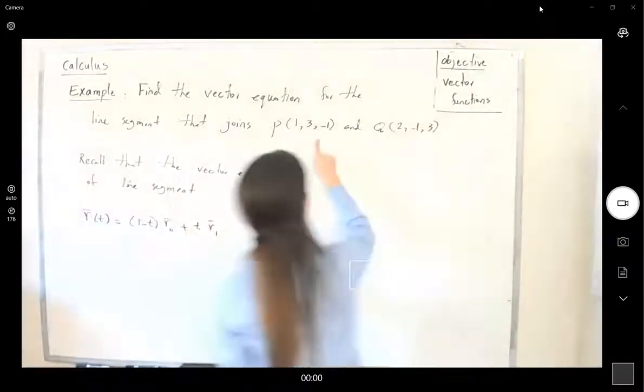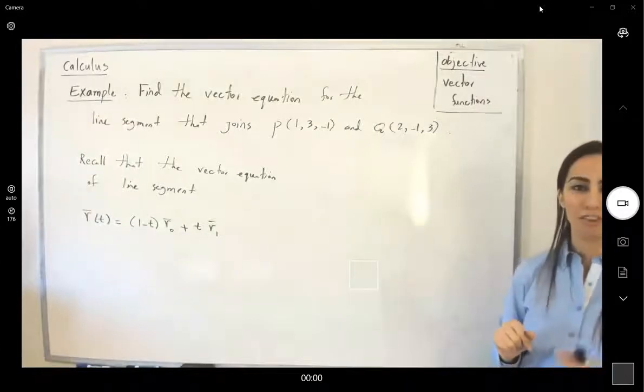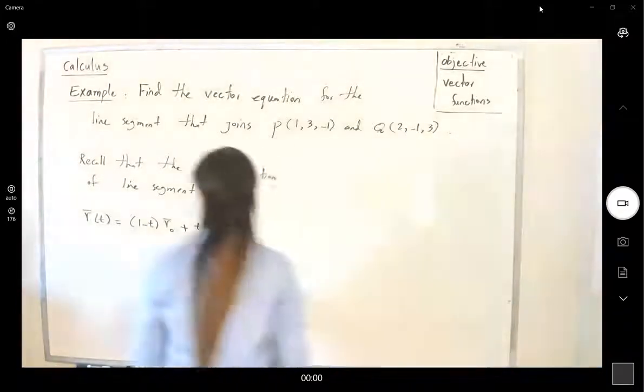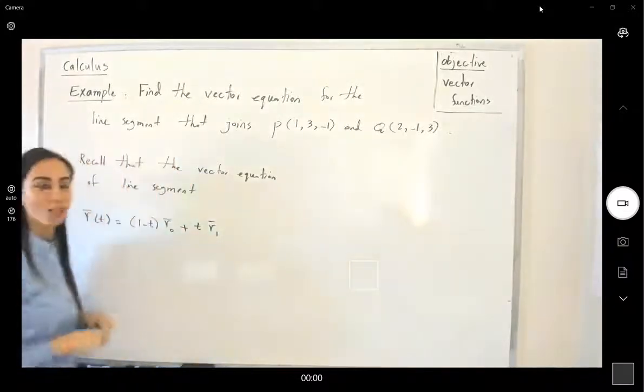Okay, we have 2 points. We can form r sub 0, the first vector, and r sub 1, the second vector. These vectors are actually connecting the origin to these 2 points.